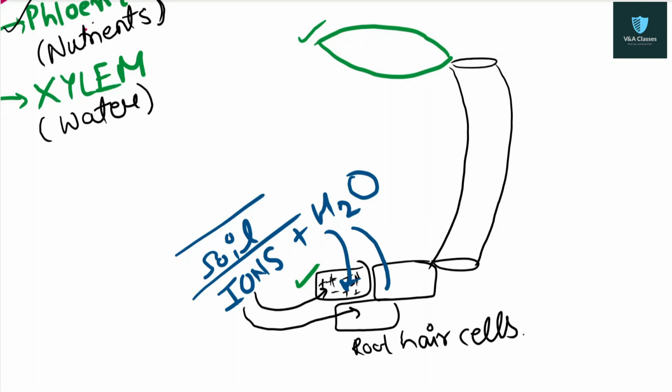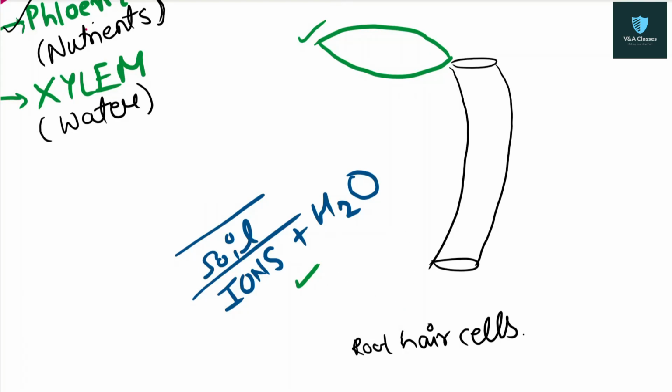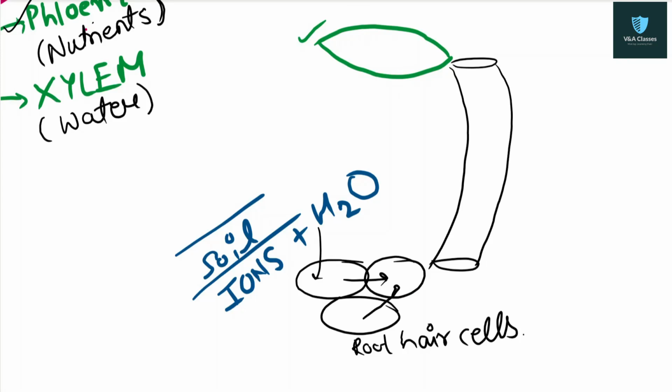Okay, so water will also be sucked inside these root hair cells. Now within these root hair cells, after the water comes in, the transport will be by means of simple diffusion, because it is a small distance, and it will reach the xylem column.